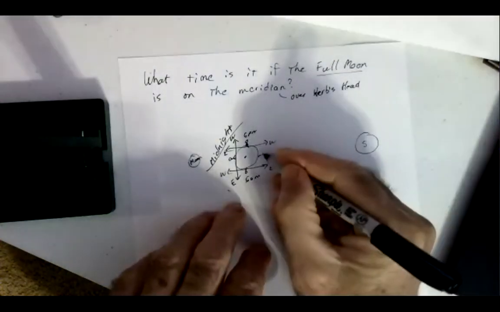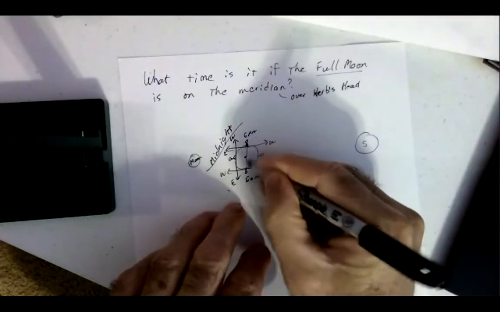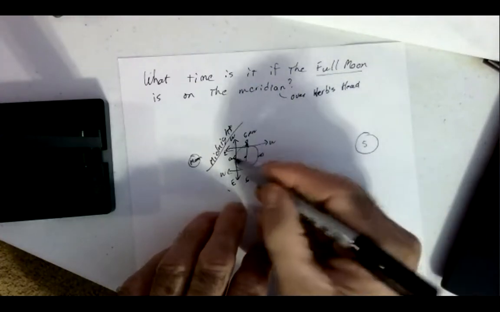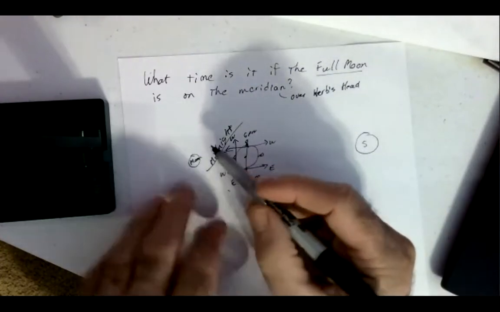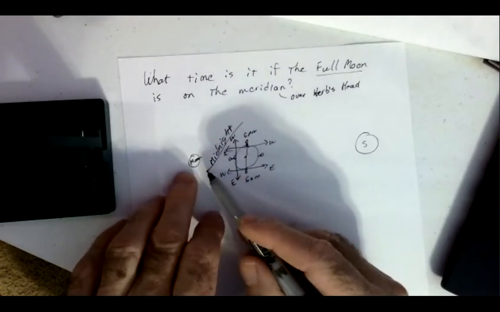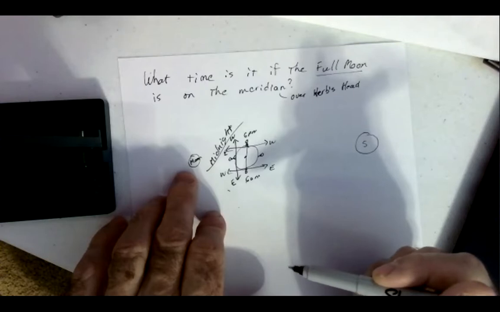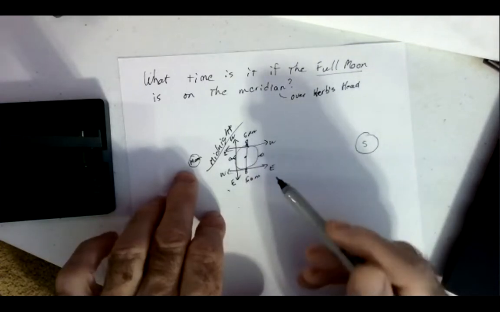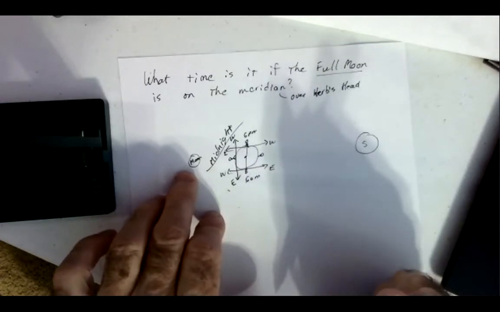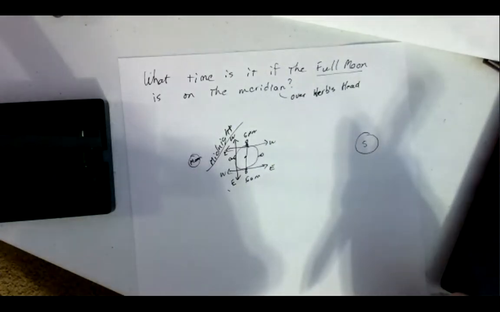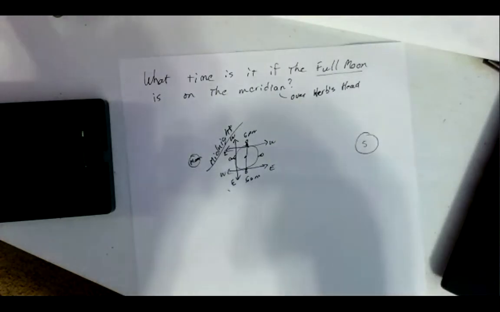No, at noon you wouldn't even see the moon, because the Earth is in the way. So for any particular phase, in this case, the full moon, it's only on the meridian at midnight. So it's only once during the day that it is on the meridian, and which time depends on what phase it is. Yeah, that answers that question. Thank you.